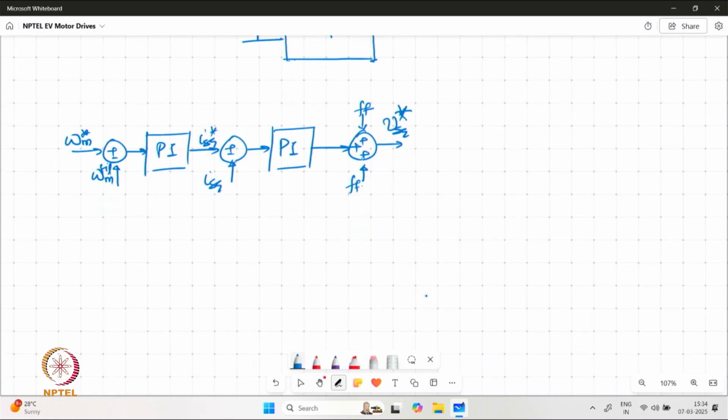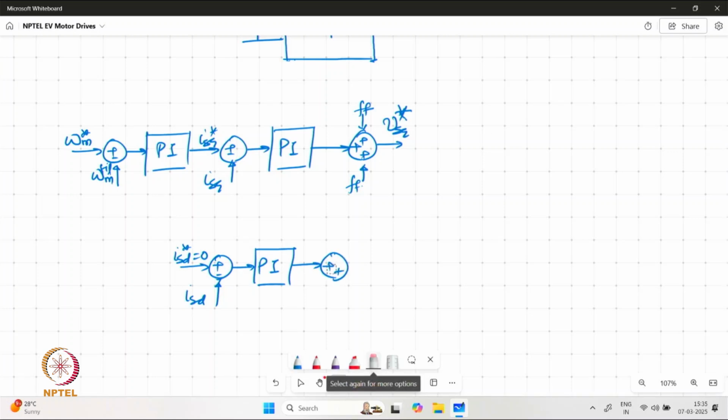Similarly, we have the D axis current reference set at a fixed value, in this case 0, fed to the PI controller, and then that signal is corrected corresponding to the feed forward term, and a signal VSD is generated.